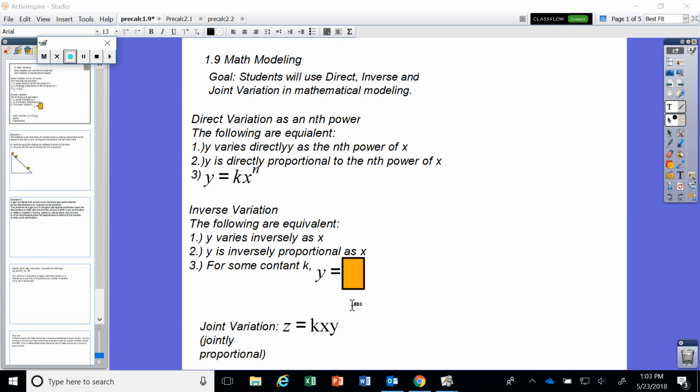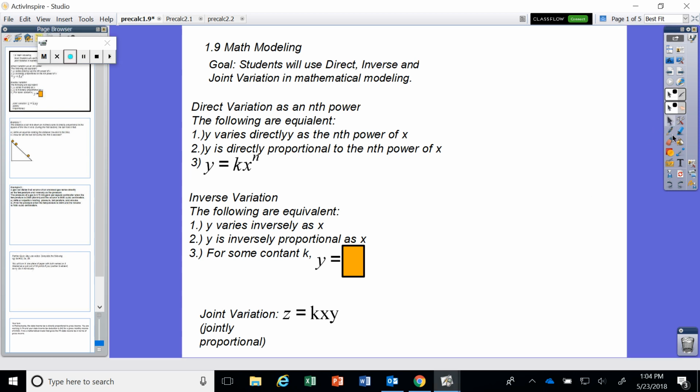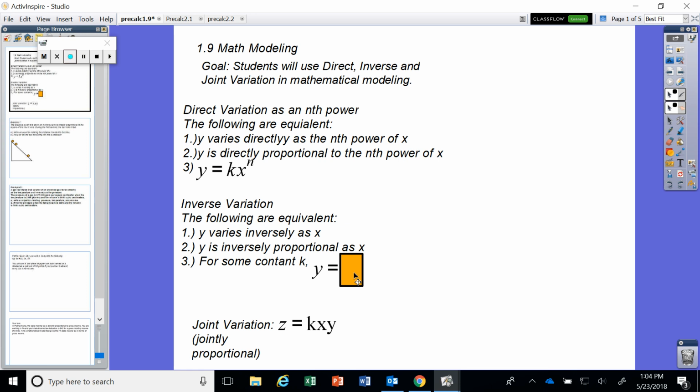Hopefully we can see that if we're directly proportional, we're multiplying by x. If it were inversely proportional, we're multiplying by the reciprocal. So an inverse variation would be k times 1 over x, versus being multiplied by x.